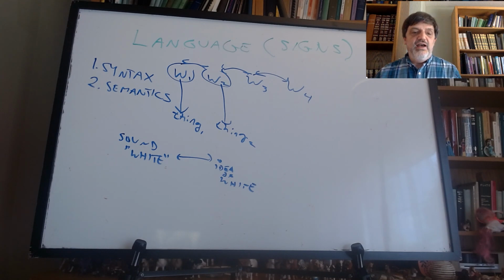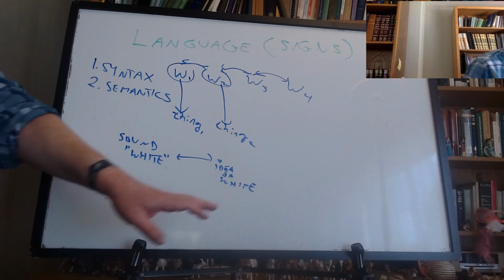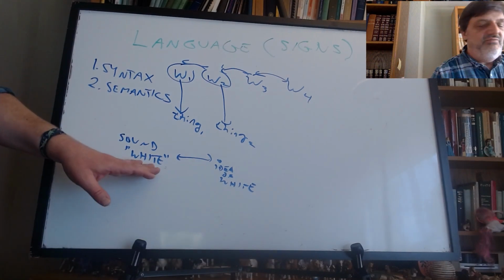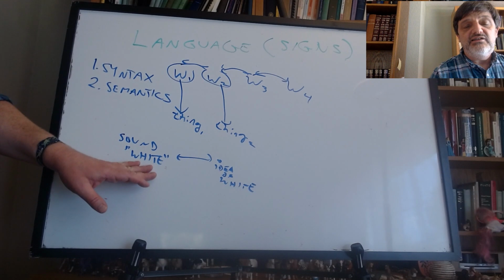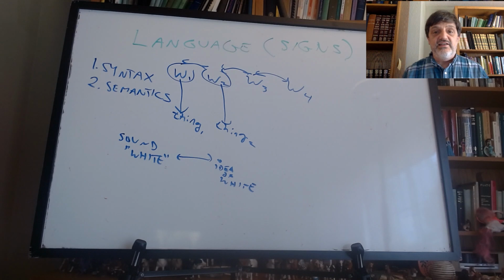That is, we are bound to it. It's not just a habit that we get the idea of white when we get the idea of the sound white. It's actually like a convention that we've bound ourselves to by consent, at least implicit consent.